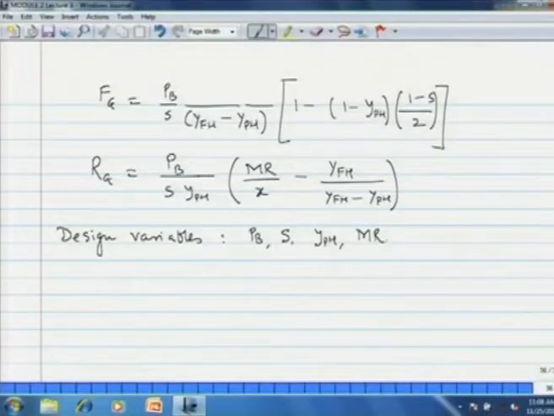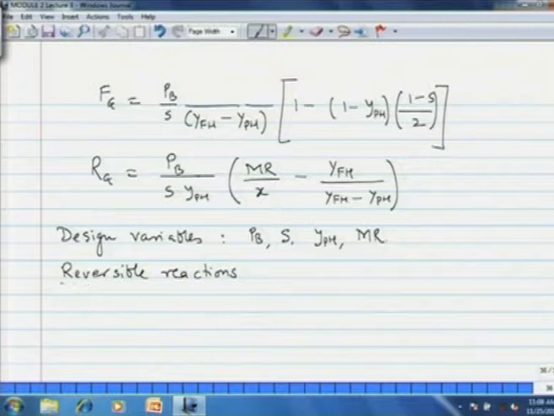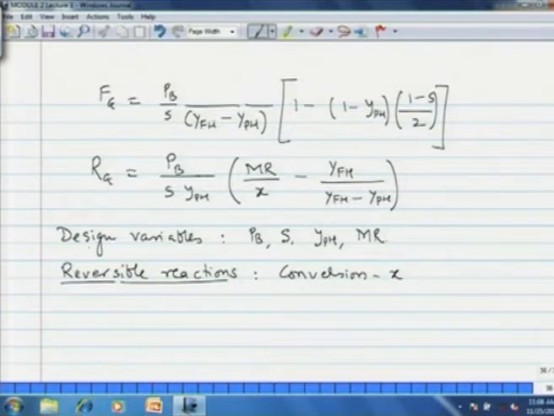In some cases the reactions are reversible. Now for these reactions the conversion X is a design variable. Of course, the design variables which we listed earlier also include X, okay, that we left out. So the design variables are 5: Pb, S, YPH, Mr and X. Okay.